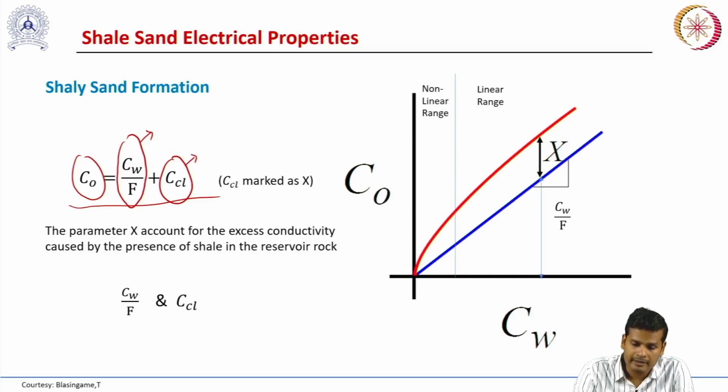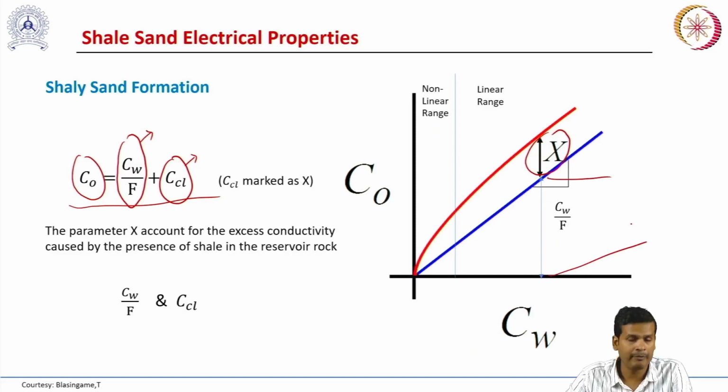This is the excess conductivity provided by the clay inside our reservoir rock. This is marked here in this figure as X. So this is my conductivity due to our formation water inside our pore spaces, and then the excess conductivity provided by the presence of clay.